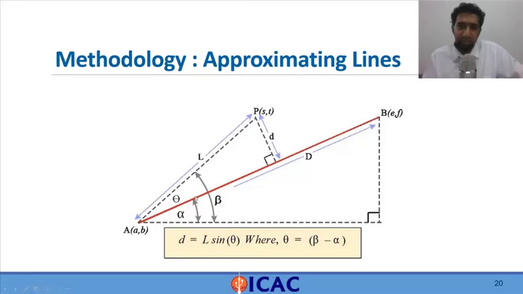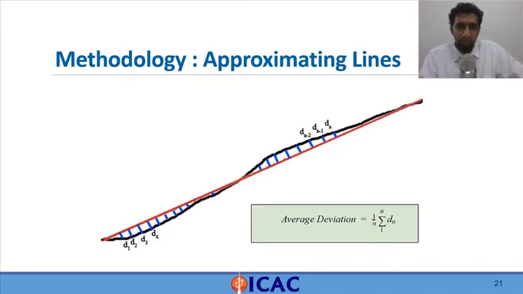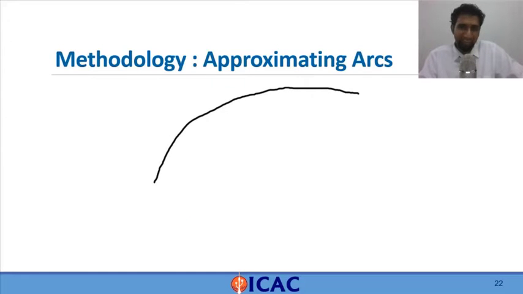If this is the line, you know all 3 points, so finding this deviation is a simple 2D geometric problem. Once you find all the deviations from each pixel, you can average them. If this average is lower than a certain threshold, you can approximate this as a line. If it is not, you can approximate it as an arc.